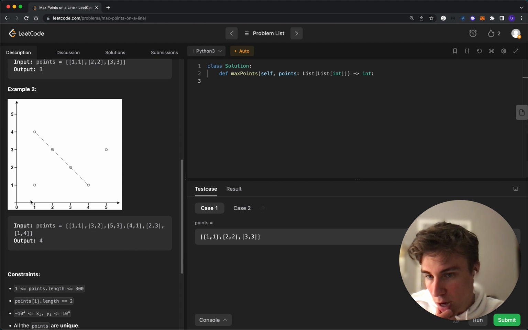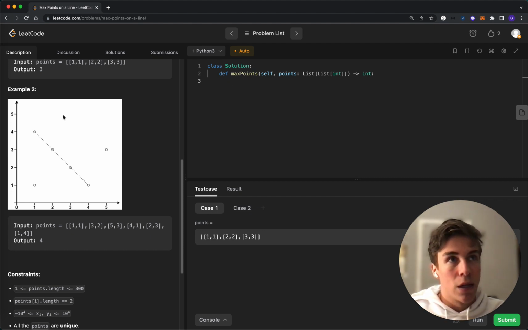I'm wondering if I can save time by somehow knowing which slopes are the most likely, which ones I should start off with, because I'm thinking that if I find a slope that is covering more than 50% of all the dots, then there's no point in me looking any further, because if I find a line that's more than 50%, then I can automatically say that it is the most populated line.